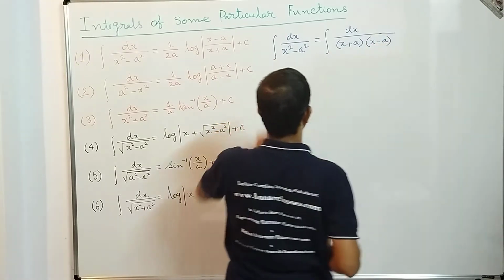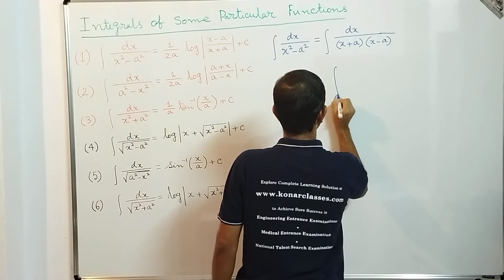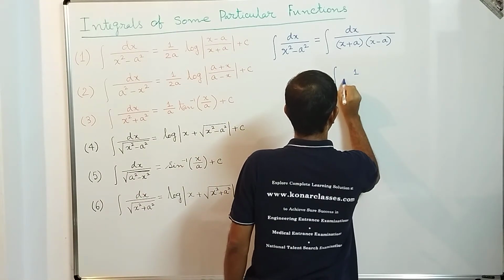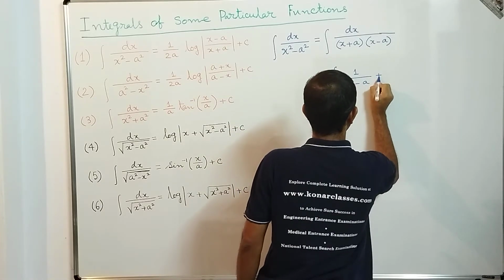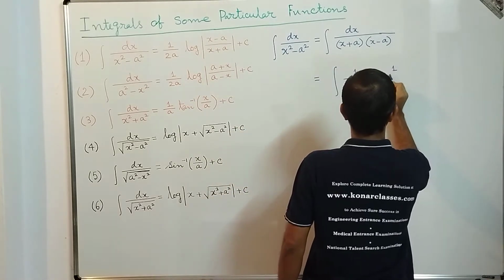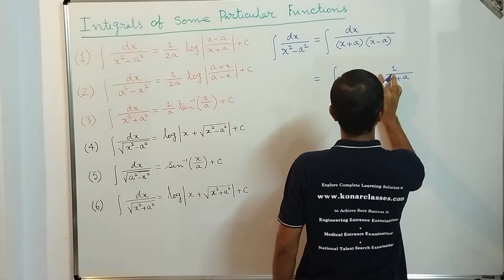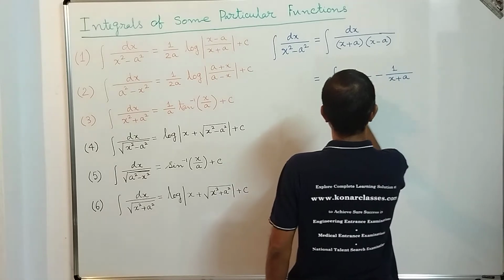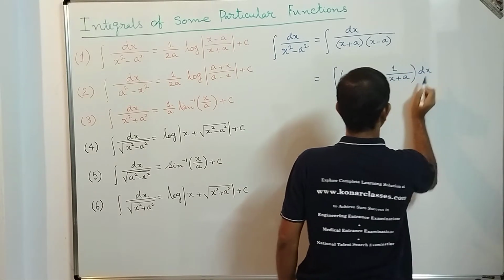Now from here we can write this as equal to 1 by x minus a minus 1 by x plus a, sorry, here it should be minus, and then I write dx.